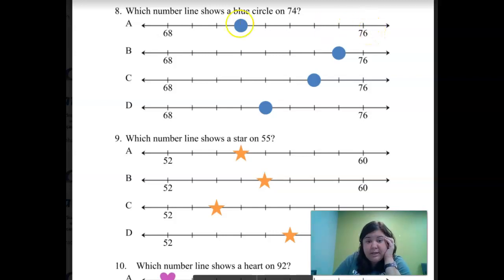Well, there's two ways I can do this. I can count forward: 68, 69, 70, 71, 72, 73, 74. So I am looking for a blue dot that's laying on this line. That looks like C, doesn't it? Let's check it. 68, 69, 70, 71, 72, 73, 74.